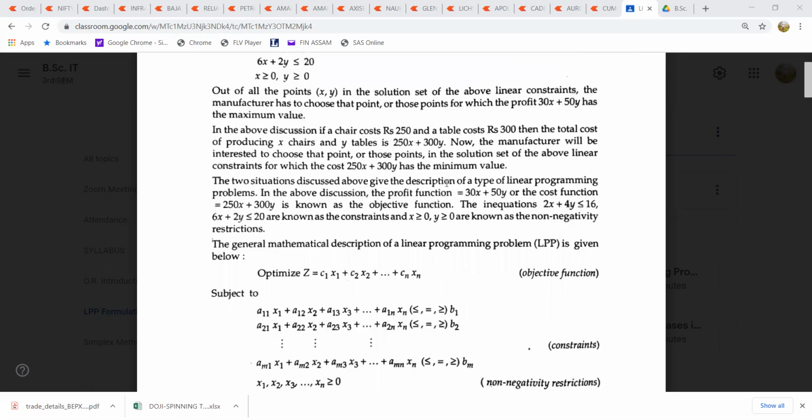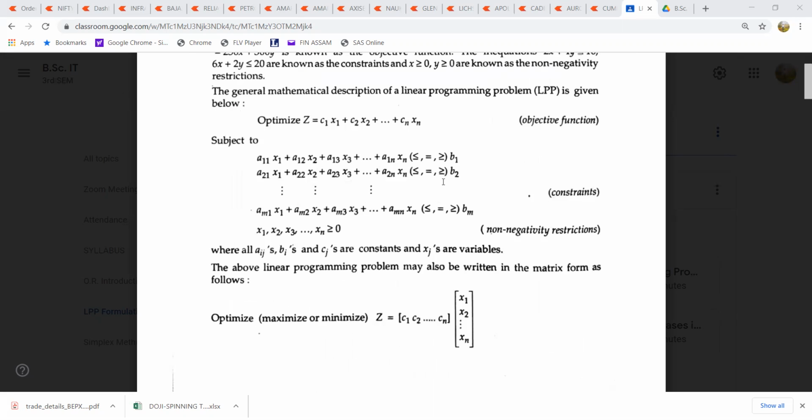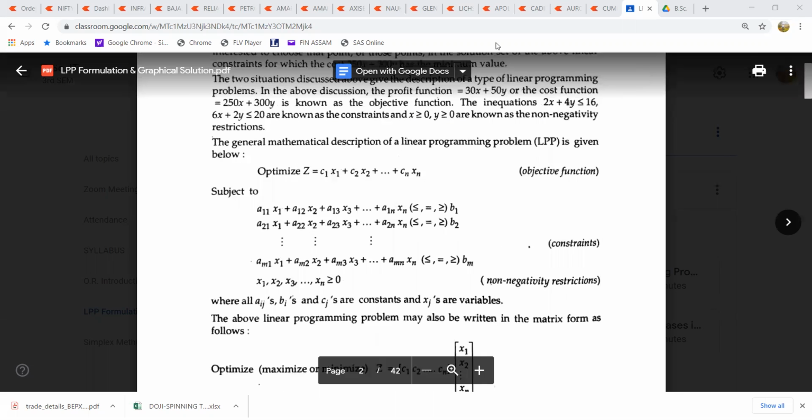A few examples I have already discussed, and then I discussed the general mathematical description of your LPP. Whenever you form a linear programming problem, there will be one objective function, and there will be some constraints, that is, conditions.